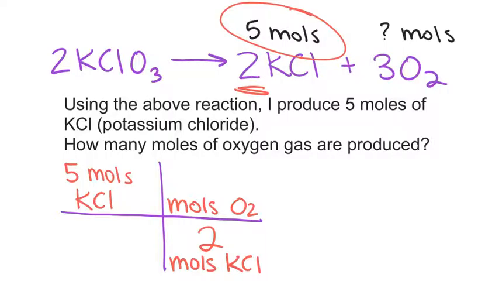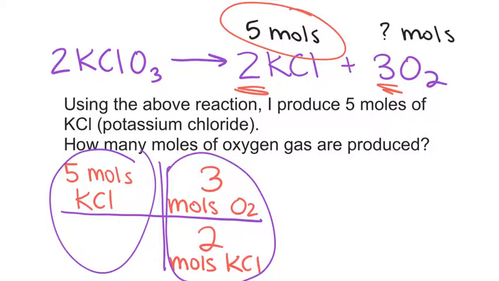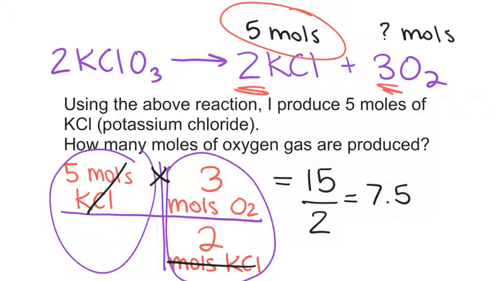And the number in front of O2 is a 3, so we put that with O2. So the first section here is just the given, and the second section here uses the coefficients. It's the ratio of the coefficients. So when we multiply across, we get 15, and the bottom is just 2. And we can see that moles of KCl goes away, so that we get 7.5, 15 divided by 2, moles of O2.